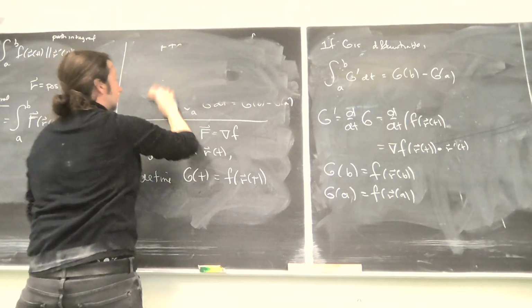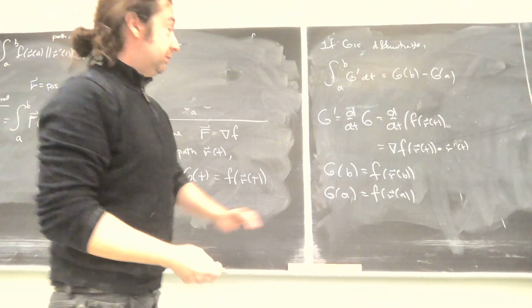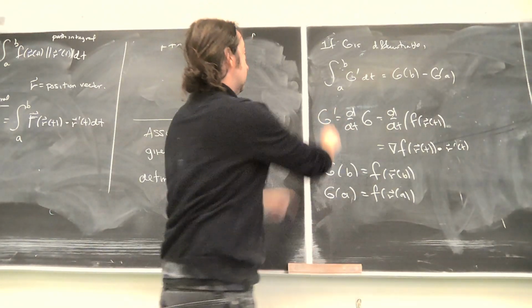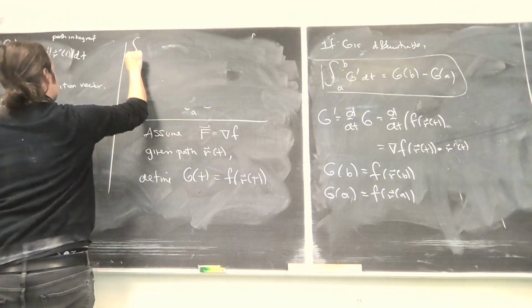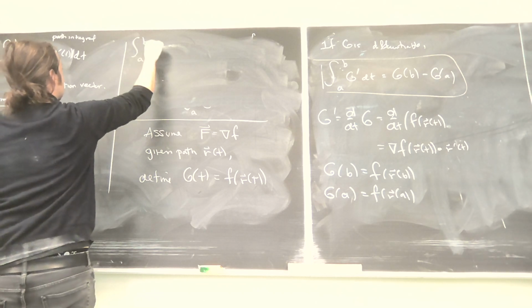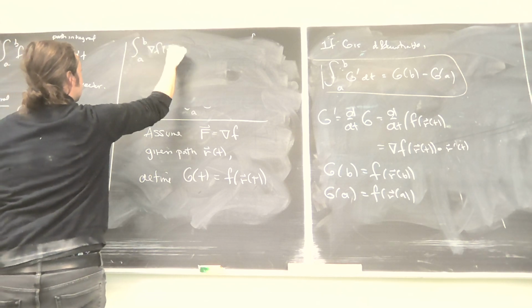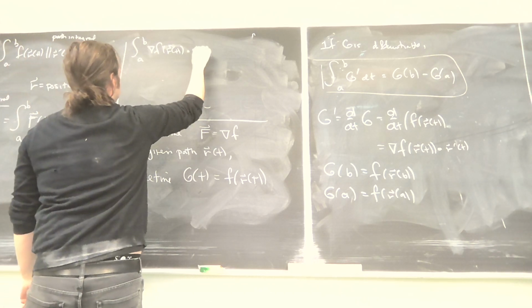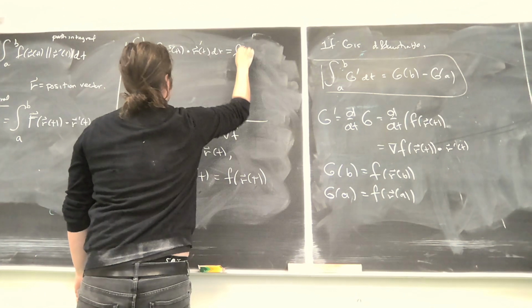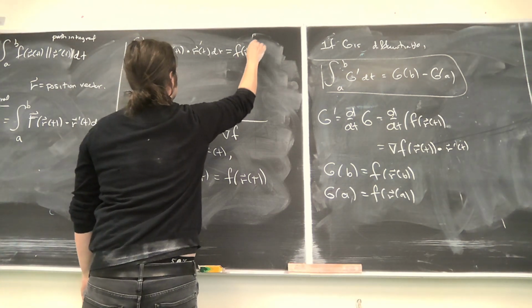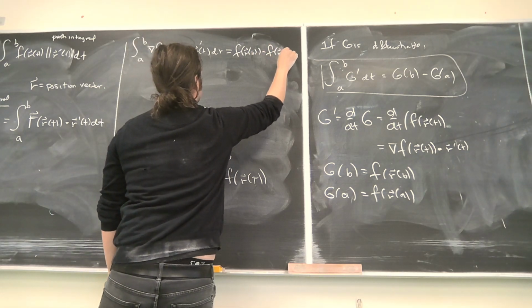If you trace through substituting out g prime and g in this expression, what you get is that the integral from a to b of the gradient of f at r of t dotted with r prime of t dt is equal to f of r of b minus f of r of a.